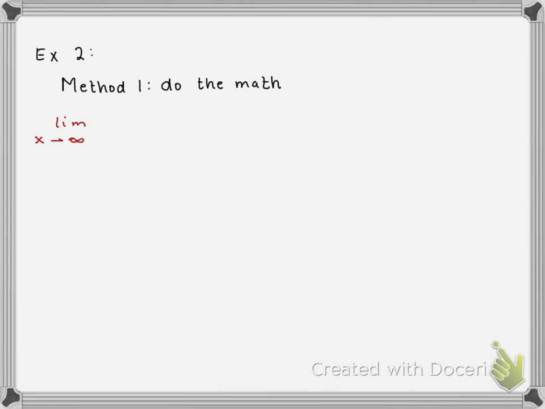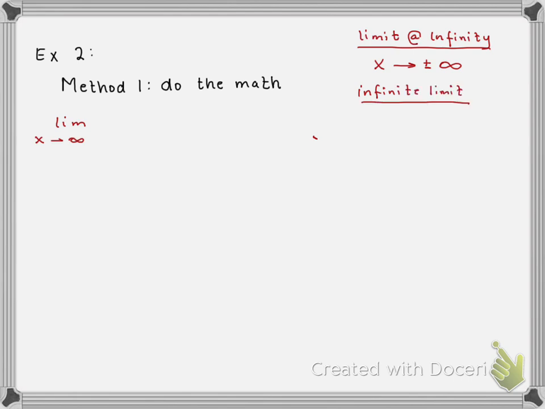Again, that's the difference. In a limit at infinity, x will approach either positive or negative infinity. In an infinite limit, x will approach some number.